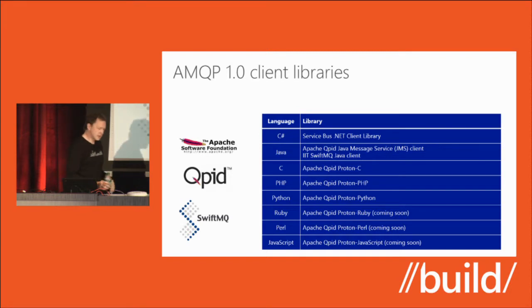Proton is a fairly new piece of work that's being done within the Qpid project, and it's an engine for AMQP 1.0 that you can use to add AMQP 1.0 support to a broker, or you can use it as client libraries. And we've validated so far against C, PHP, and Python. Ruby and Perl are coming soon, and by coming soon, I mean days and weeks rather than months and years. And then we'll have a JavaScript version as well that's coming soon.